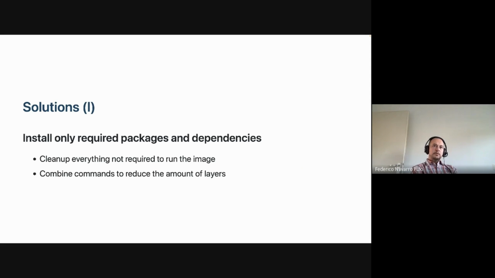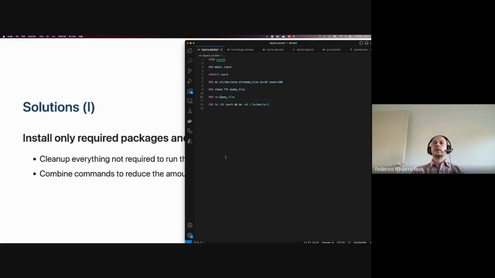So if you need to install a specific package, you install only that single package. You don't install things that are not necessary, and you also combine commands, and I'm going to show what I mean with that.